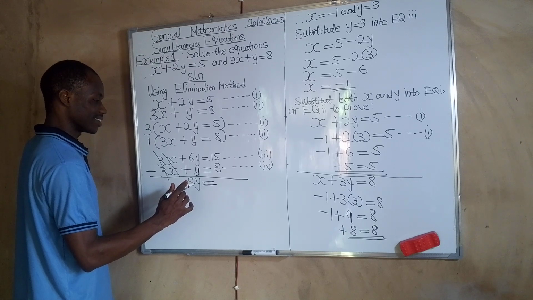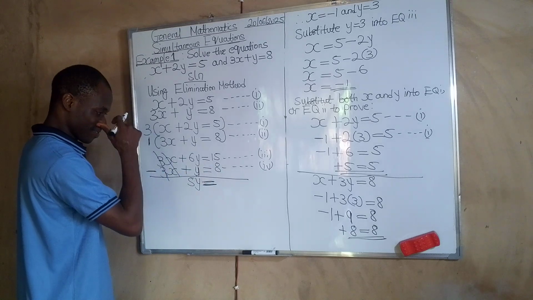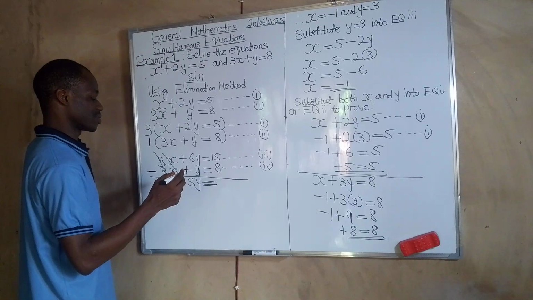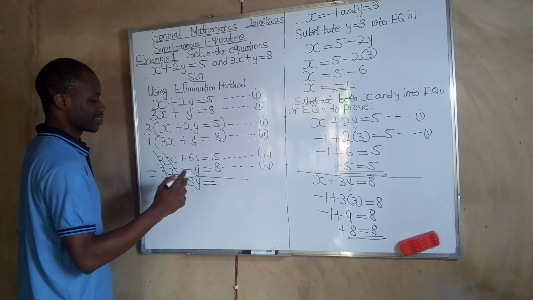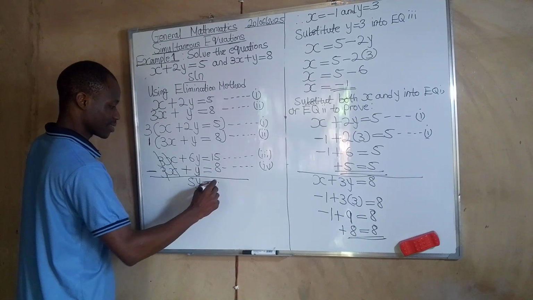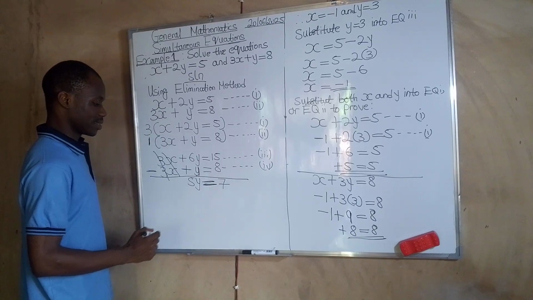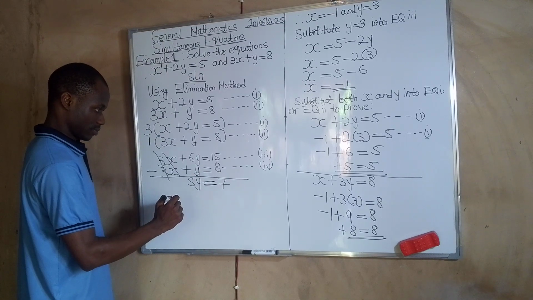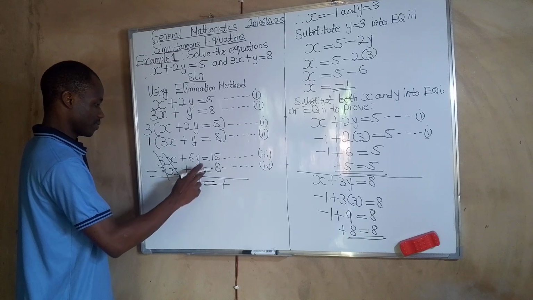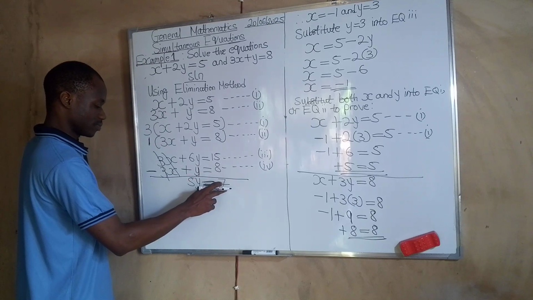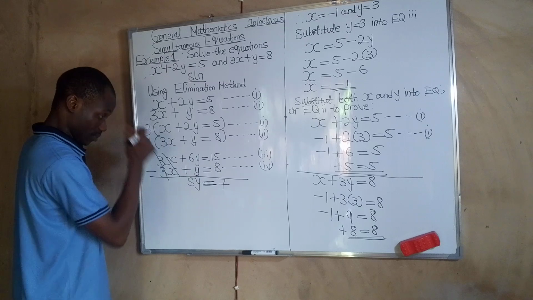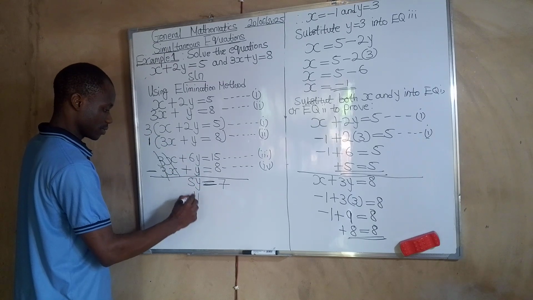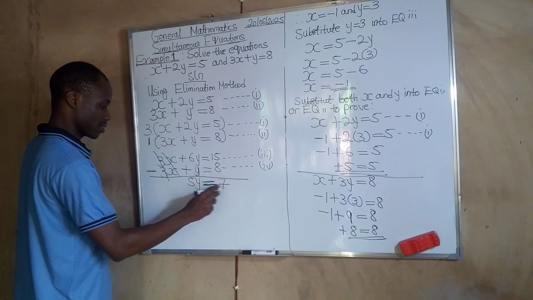Okay, so 15 minus 8 will give us 7, because 7 plus 7 gives us 14, and then plus 1 is 15. So 15 minus 8 gives us 7. Good. Definitely. So what we'll do now is we say 5y is equal to 7.